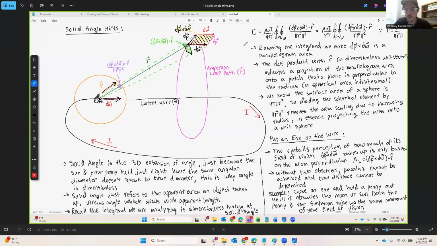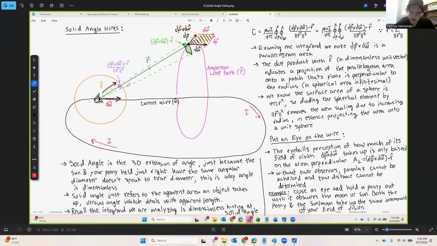Also, it shows up in the fact that the surface area of a sphere is 4 pi r squared. And so what this denominator is doing is taking this spherical patch that we've projected and scaling it down onto the unit sphere, the sphere where radius is 1.